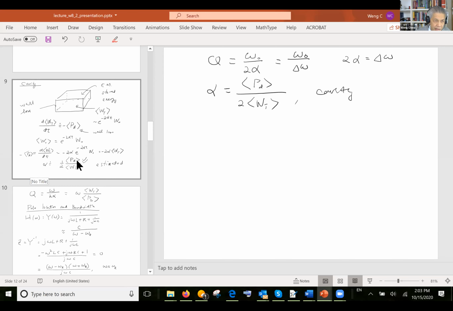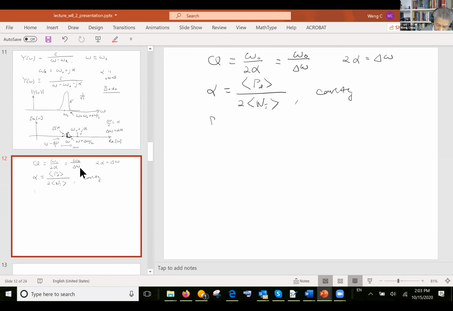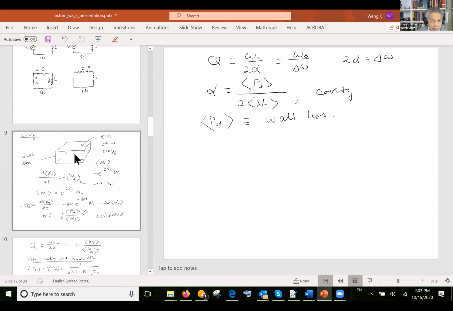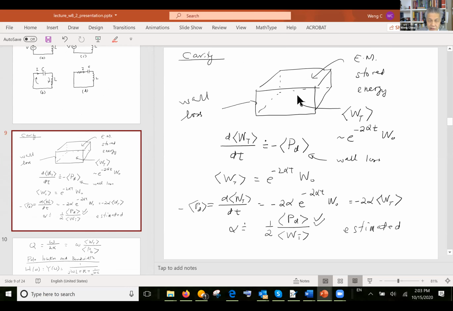So if there's a way that we can find the wall loss, PD, which is also called the wall loss or the cavity loss, then we can find the energy stored in the cavity quite easily, because we know how to find the electromagnetic field inside the cavity when there's no wall loss.